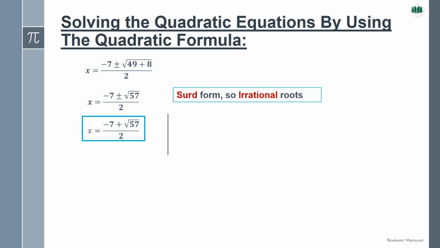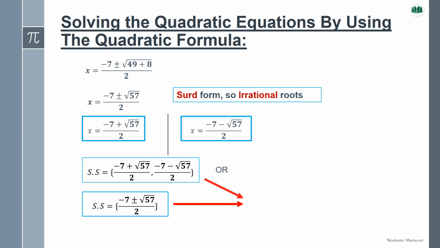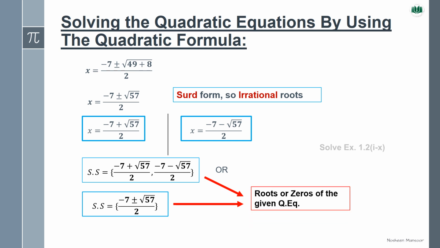So this is the final form: x is equal to minus 7 plus under root 57 by 2 and minus 7 minus under root 57 by 2. So this is the solution set. For irrational roots, you can write the solution set in this form. So these are the roots or zeros of the given quadratic equation.